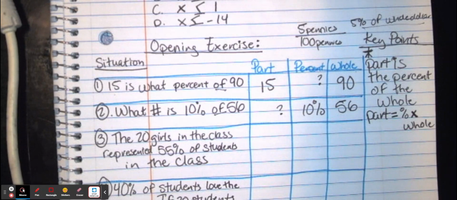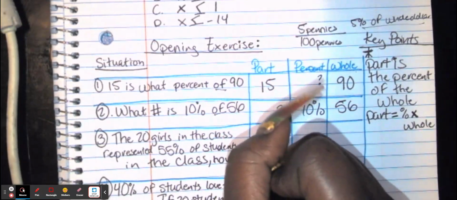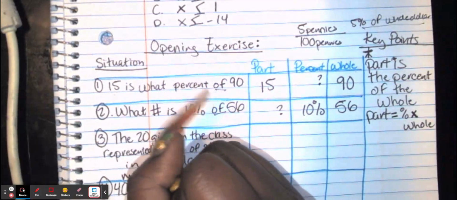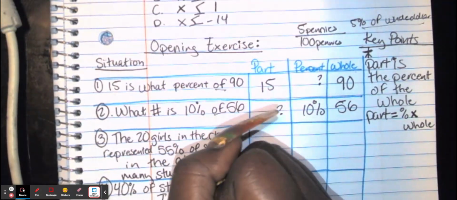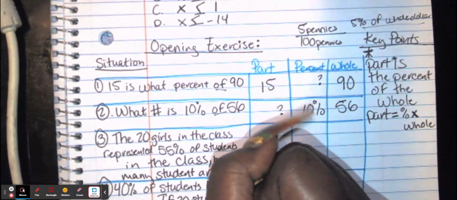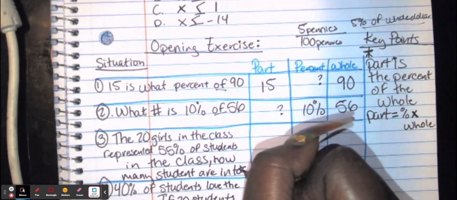Number 3, it says that 20 girls in the class represented 55% of students in class. So I need to know how many students are in total.